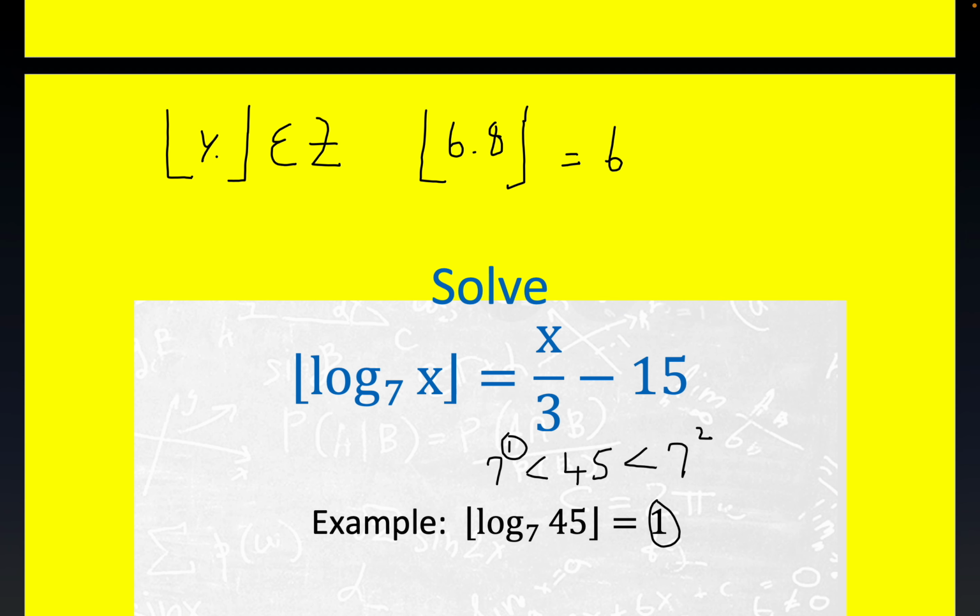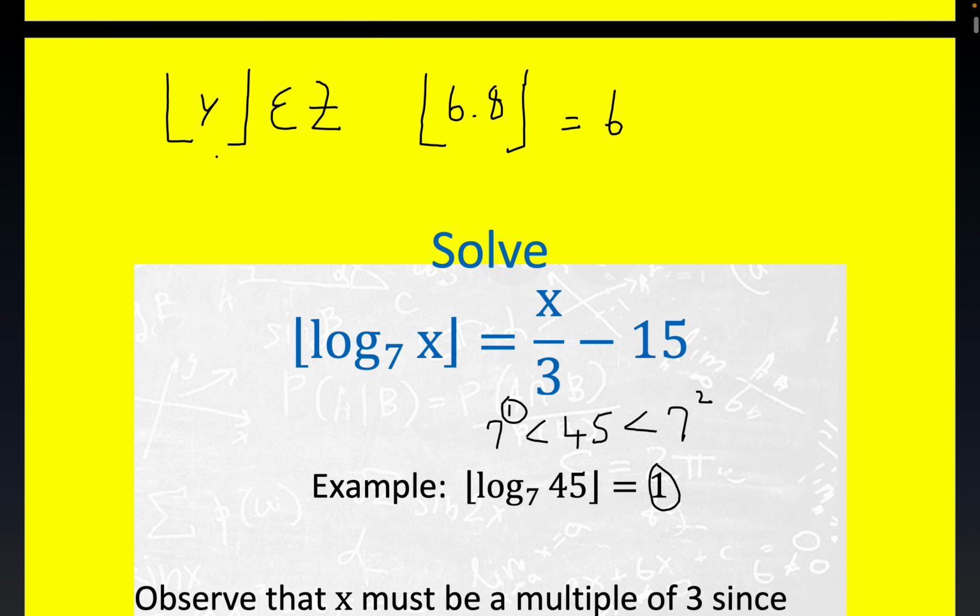Now, but notice that this is not equal to, if you substitute 45 in right here to the right-hand side of the equation, 45 over 3 minus 15, which is just the right-hand side of the equation we're trying to solve.